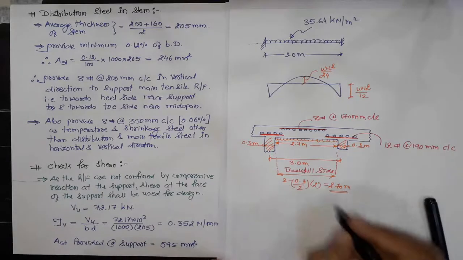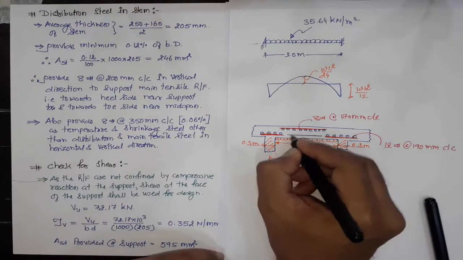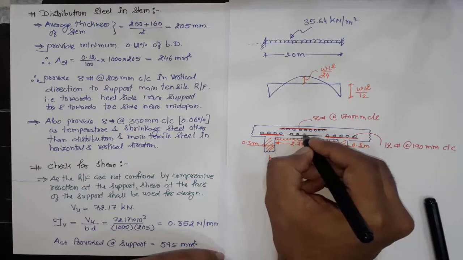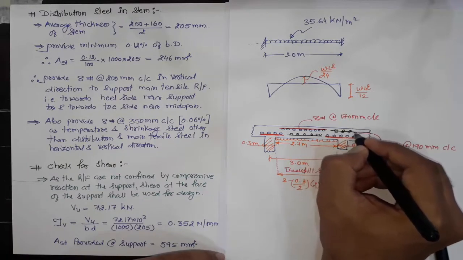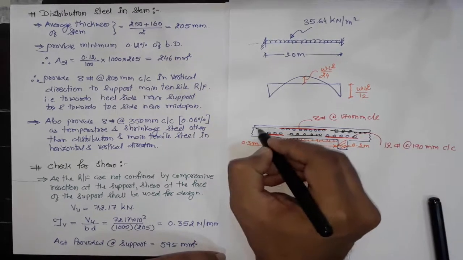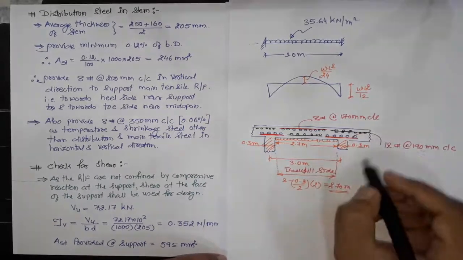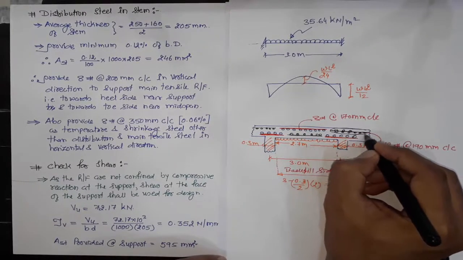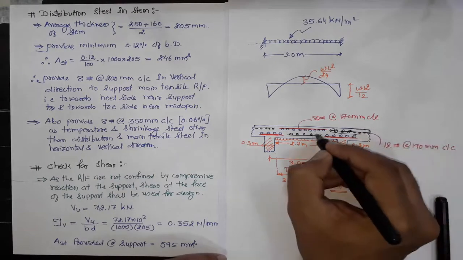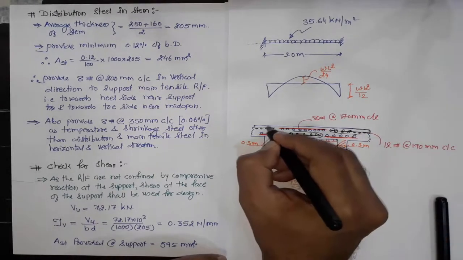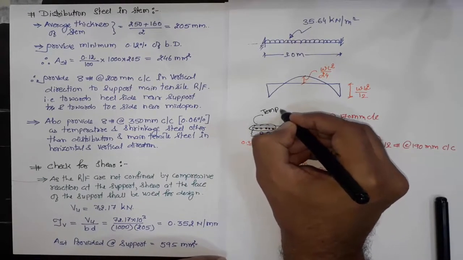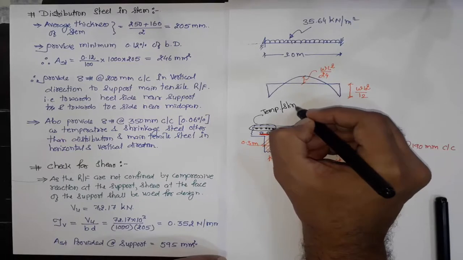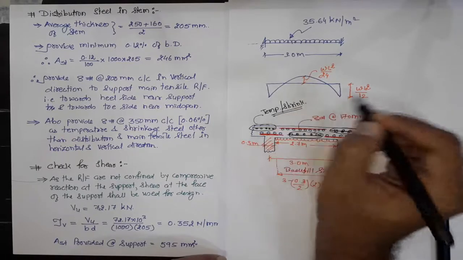Still, we are not having any reinforcement here, as well as here. Therefore, this black color reinforcement, here also this black color reinforcement, are temperature or shrinkage reinforcement.